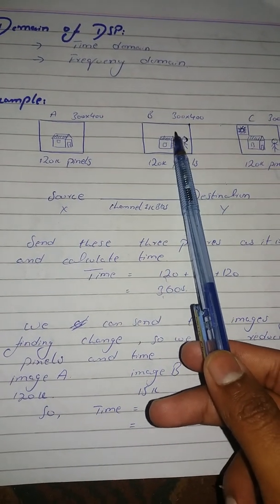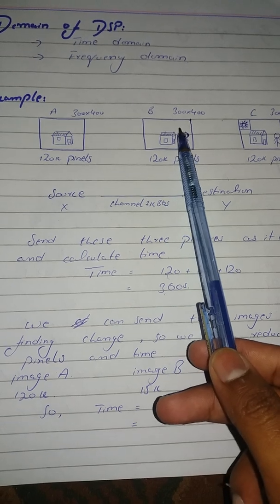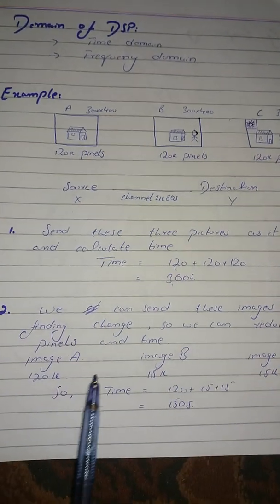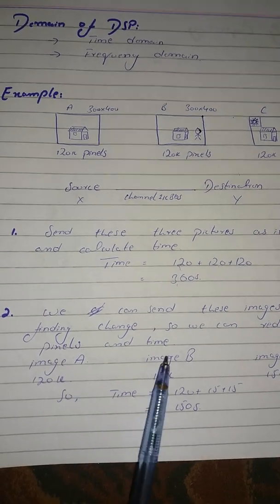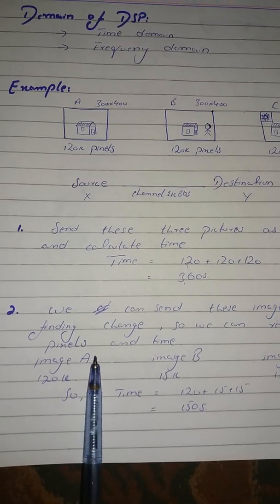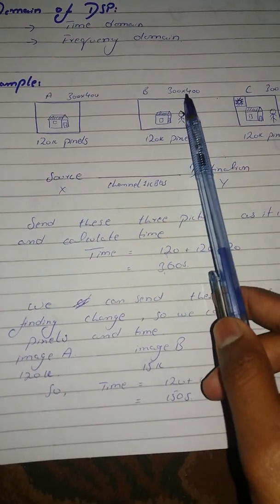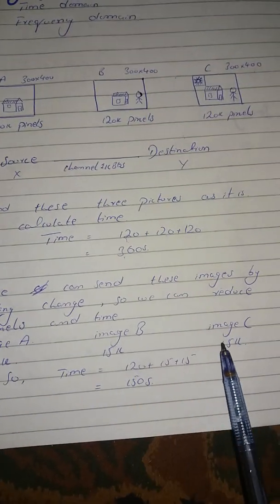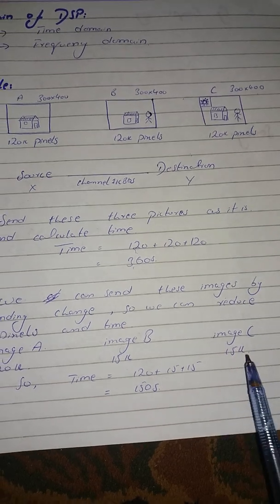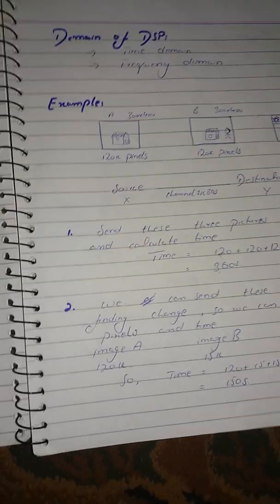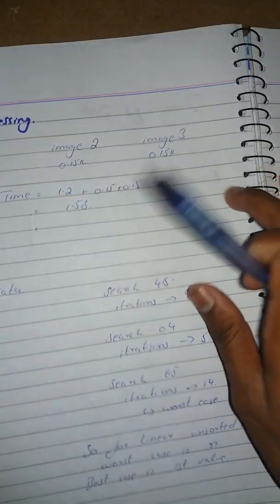We calculate the resolution of only the change, so the pixels become less. Image A has 120K pixels, the image B pixels for only the man are 15K, and similarly for image C it is 15K. So the time is 150 seconds, which is less than 360 seconds. We just used a basic technique.